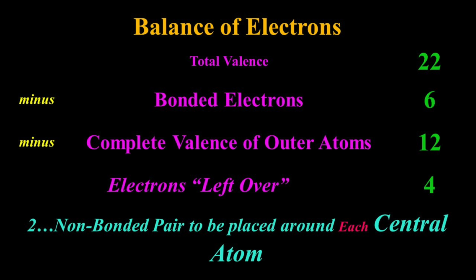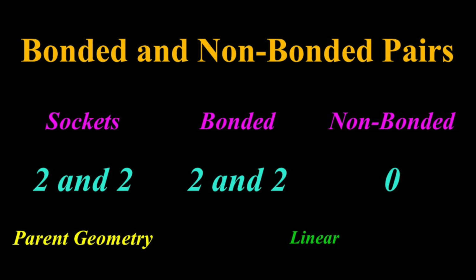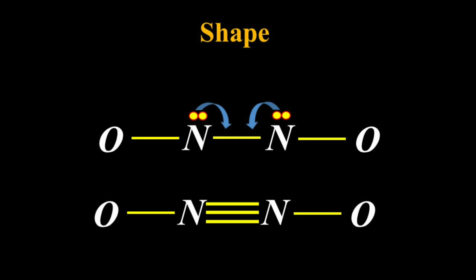So we're going to put the 2 non-bonded pairs. We'll put 1 around each nitrogen. And the parent geometry is linear. And then we're going to take those, because each nitrogen needs 8 electrons.